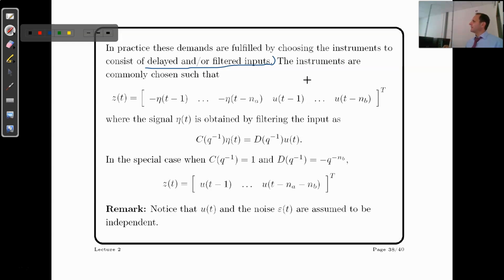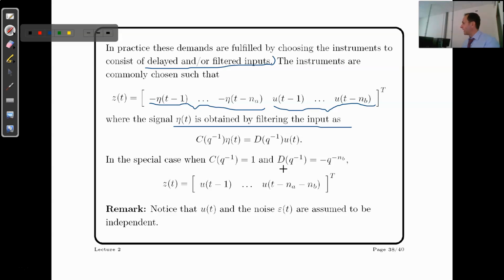So in order to obtain a Z which is correlated with phi, it is enough as a first solution to take the inputs, like an output, and then eta is obtained by filtering the inputs. It is something like you are using another ARX model to generate your instrument. In fact, this is the idea.